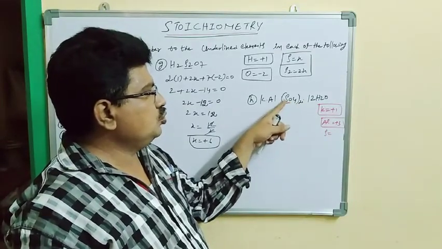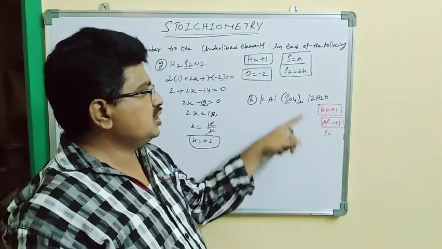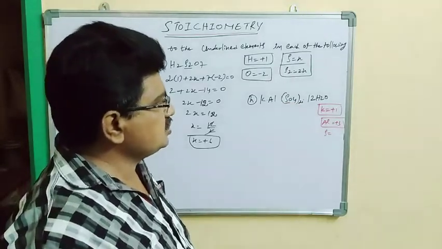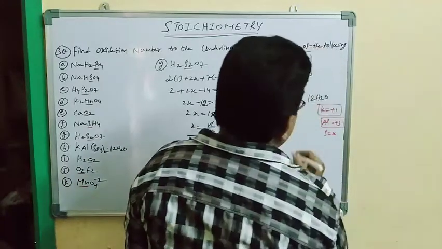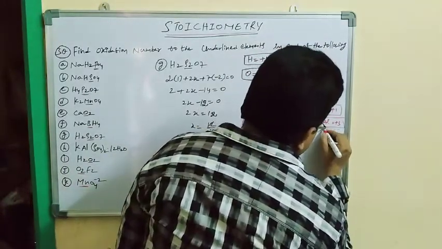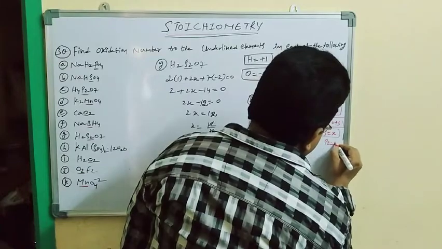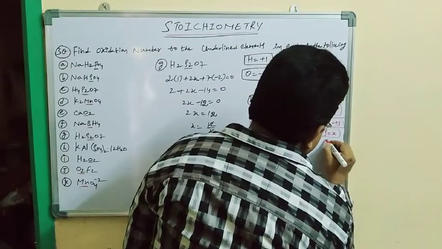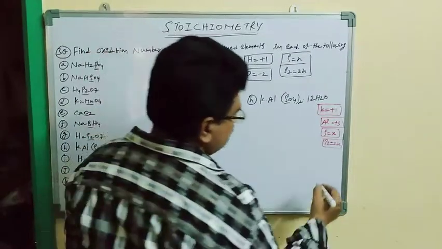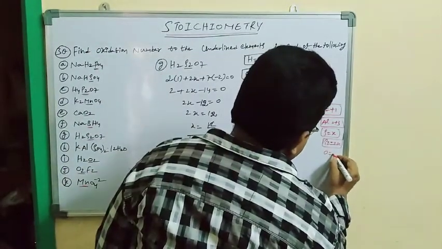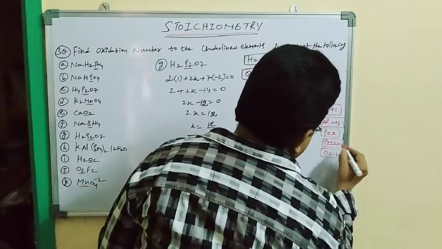We get 2s, 4 twos are 8. How many oxygens did we get? 8 oxygens. S is equal to X. For S2 we get 2x. So oxygen charge, how much, students? Oxygen is -2.